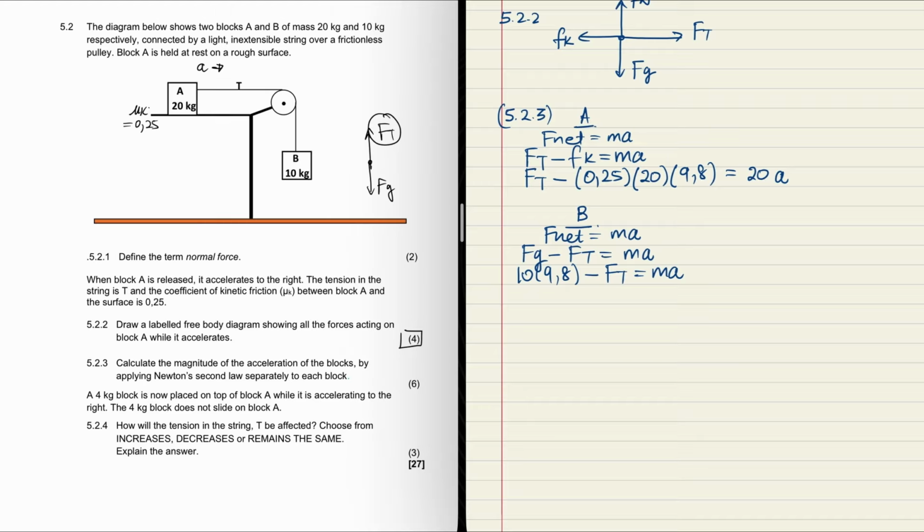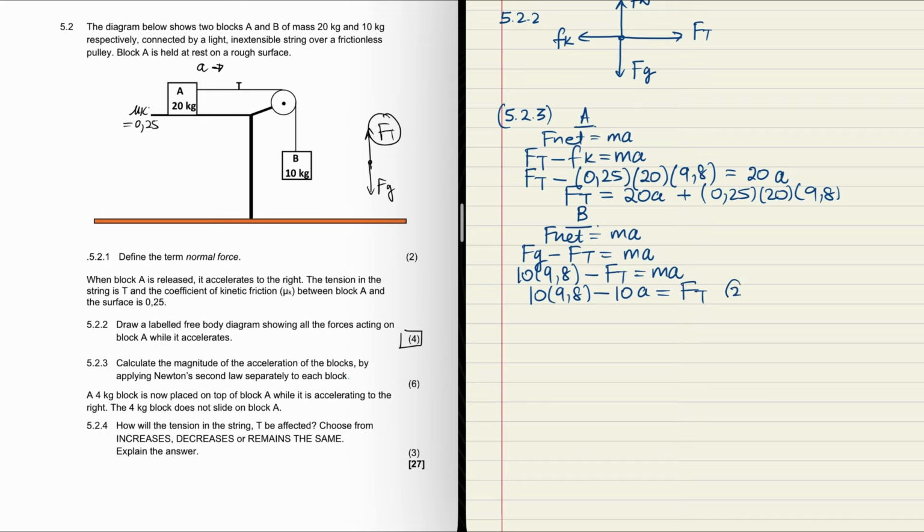So I'm going to say here that Ft is equal to 20a plus 0,25 times 20 times 9,8. You can of course simplify that. I don't have a calculator on me, so I'm not going to do that. Then for B, I'm going to say that 10 multiplied by 9,8 minus ma, so mass is 10, acceleration is a, and that's going to equal Ft.